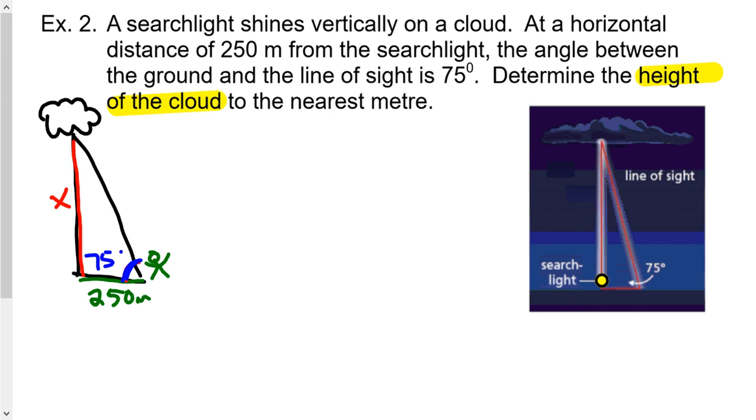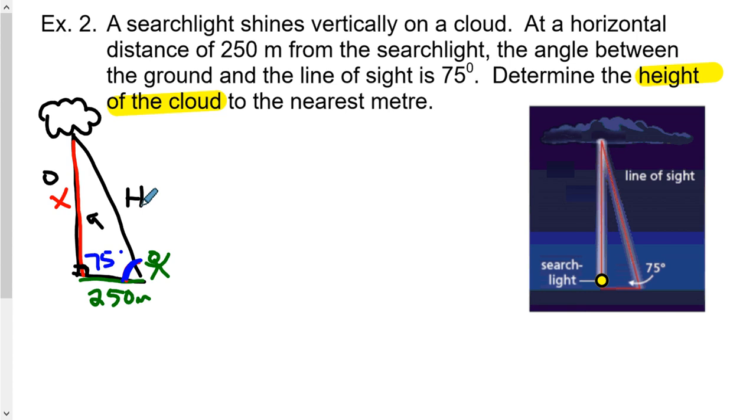So, labeling our sides, again, this is going to be the start to every single one of these. You're going to get really sick of me saying the words opposite, adjacent, and hypotenuse. It looks like our unknown side is the opposite. Right? If you're ever struggling, remember that vertical and horizontal distances, right, the ground and something vertical always creates that right angle for us. So that can help us find our hypotenuse.